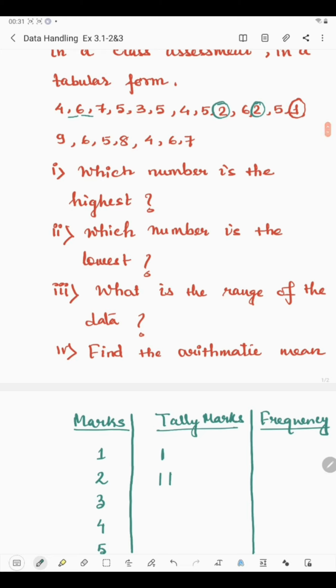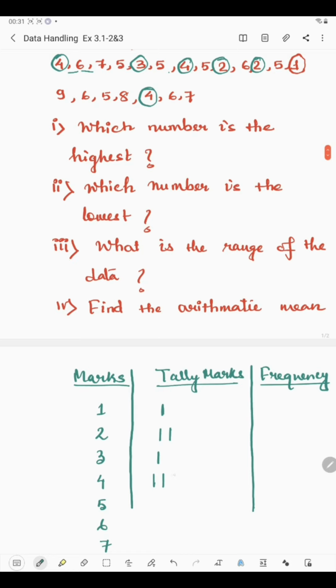Now coming to 3, now where is 3? Here is 3, so 1 time, so 1 stick. Only 1 time 3 appeared, so it will be 1 stick. Okay, next we have 4, so it's 1, then here is 4, so 2, then here is 4, so 3.